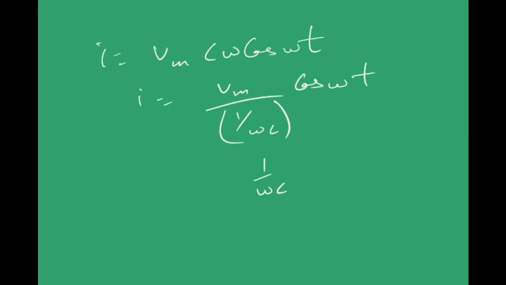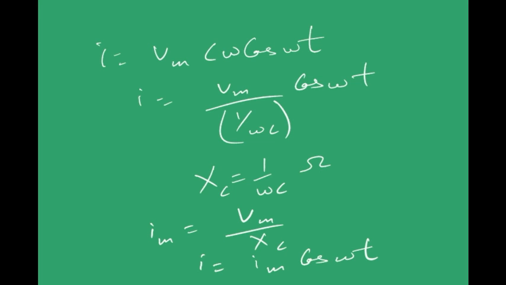The units are ohm here also. And Vm by 1 by omega C I can write as Im, that is the current amplitude. So my instantaneous current will be Im into cos omega t. Hope everything is fine till now.